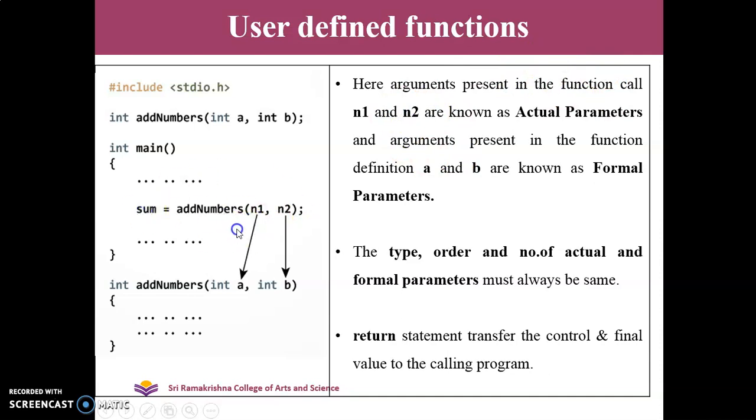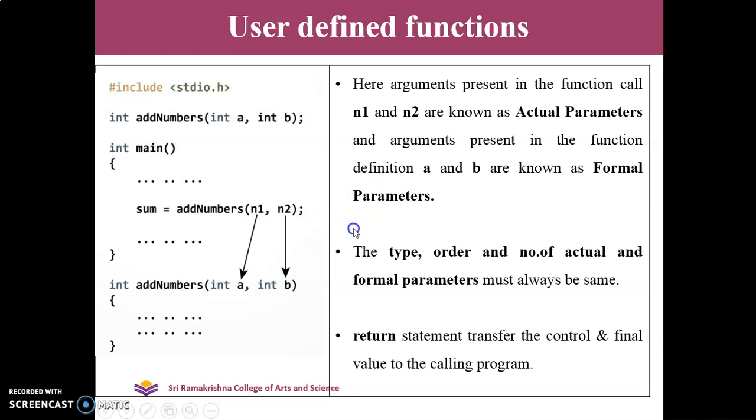Here this is the function call, so n1 and n2 are the actual arguments or actual parameters. The arguments present in the function definition are known as formal parameters. In our program, a and b are the formal parameters or formal arguments.